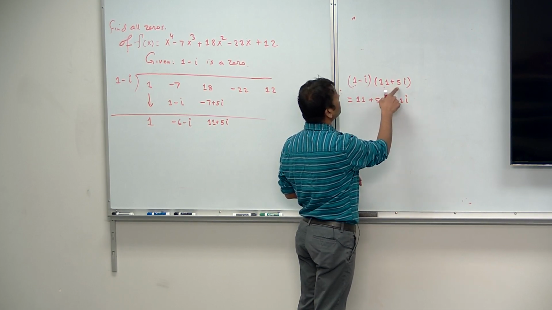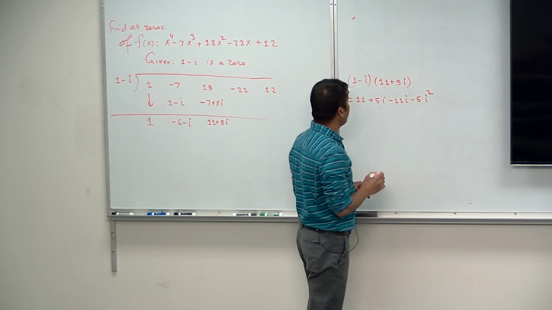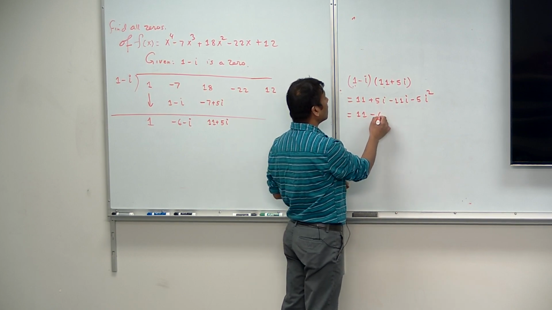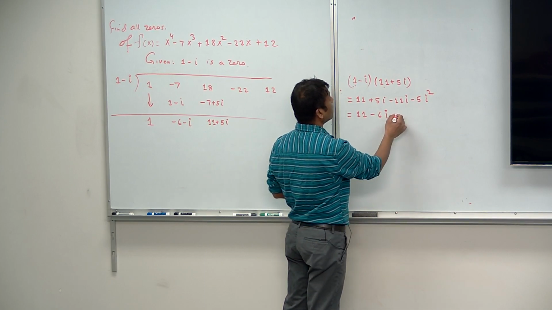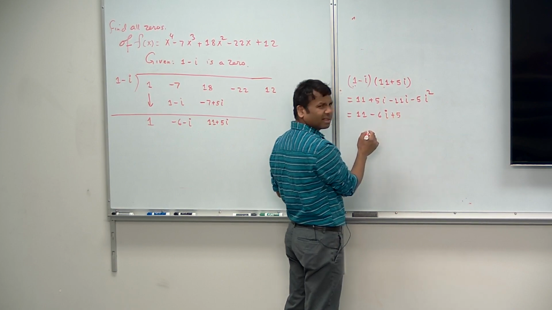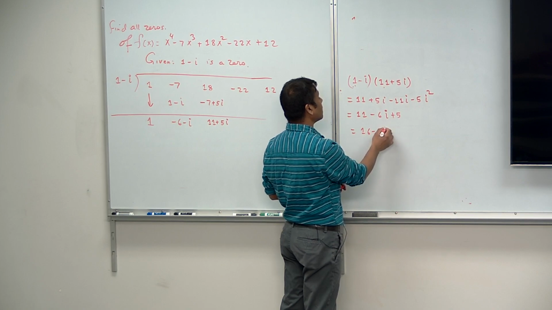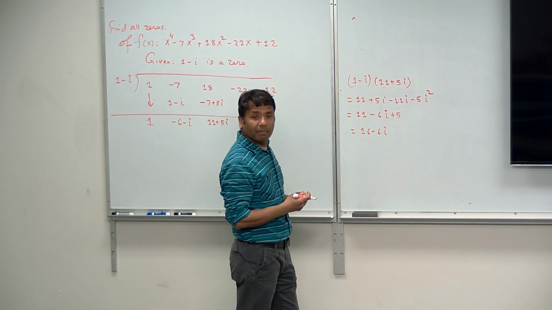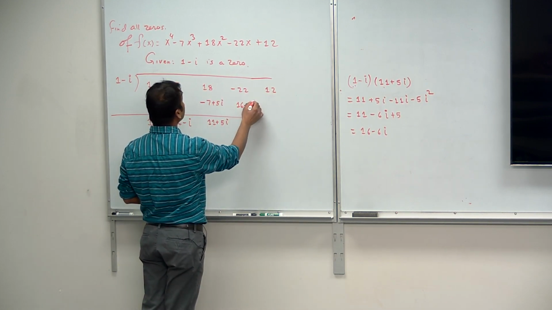Negative i times positive 5i is negative 5i squared. So this is 11. What is 5i minus 11i? Negative 6i, right? Minus 5i squared, and i squared is negative 1, so it's going to be plus 5. Does that make sense? So now this is 16 minus 6i. Is that right? So now here you have 16 minus 6i.